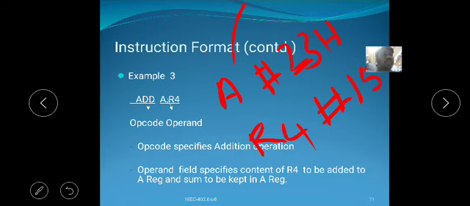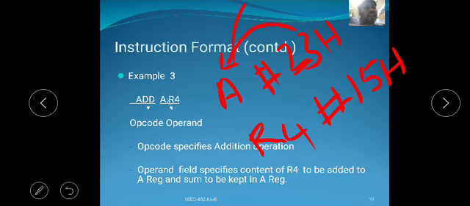These are the two values. First, you have to store the values in register A and register R4. That means here we write a small set of instructions.